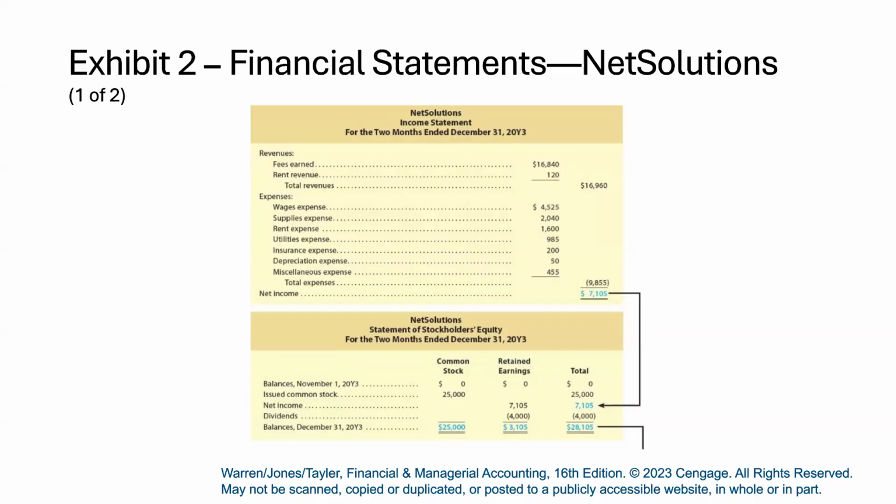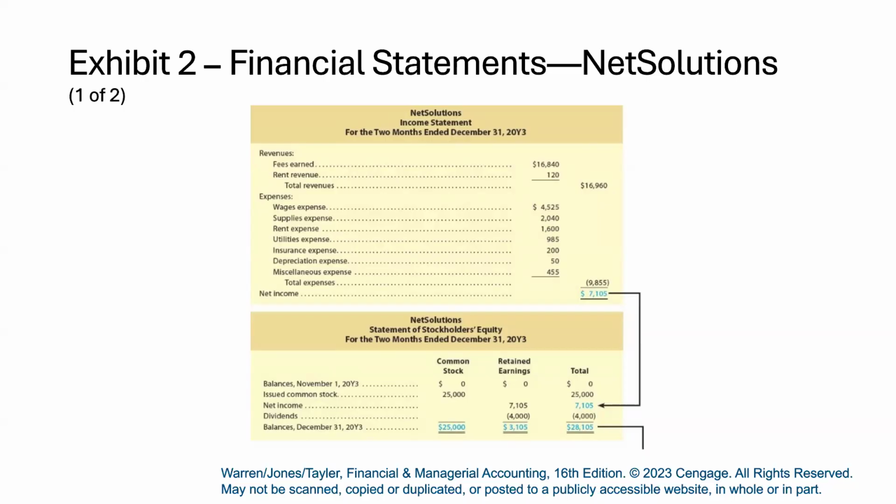Right? All right. So we can see that NetSolutions has two different revenue streams. One is the fees earned. That's the business they do. And the other is rent revenue. So they're renting something to people. And then their expenses: wages, supplies expense, rent expense, utilities expense, insurance expense, depreciation expense, and miscellaneous expense.